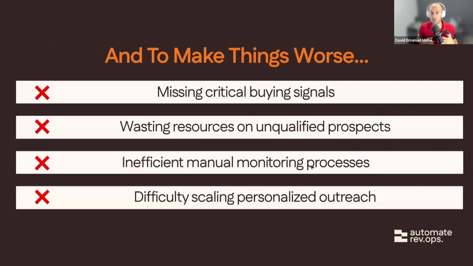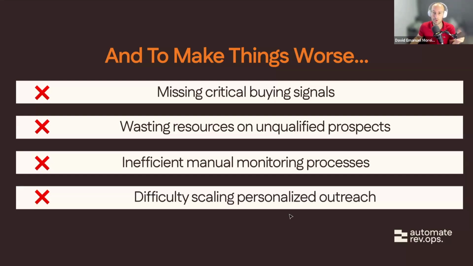You're wasting resources on unqualified prospects. If you are managing LinkedIn campaigns, probably you know about the limits of how many connection requests you can send per week. There are really few of them. And if you are wasting those connection requests on leads that are not qualified or not hot, probably you are wasting time.